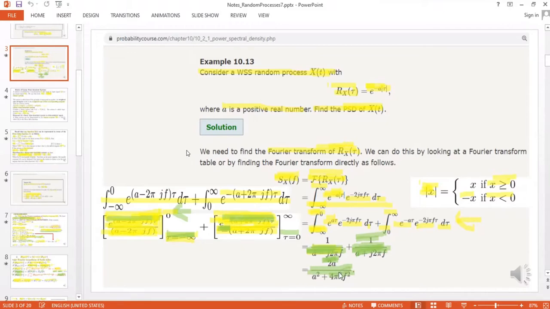But in the problem we are dealing with here, a is actually 1. So it is 2 upon 1 plus 4 pi squared f squared.